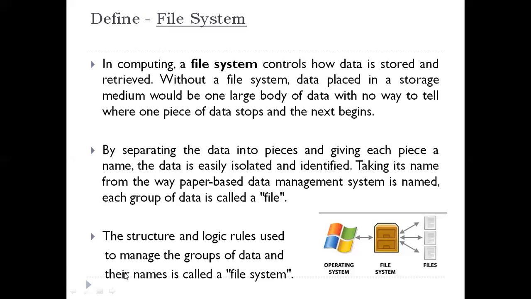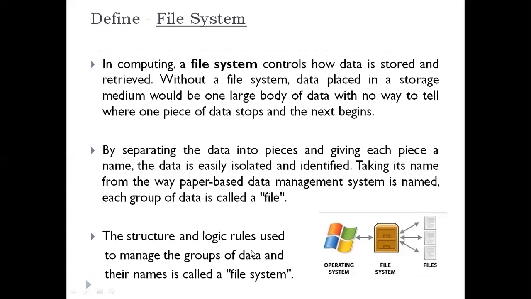So in the secondary storage, it's just a huge chunk of data. But as a user, the data should be in the form of files, right? So it should be in the form of files, and the file has a unique name, and it tells what the size of the file is, and so on. So the structure and logic rules used to manage the group of data and their names is called a file system.